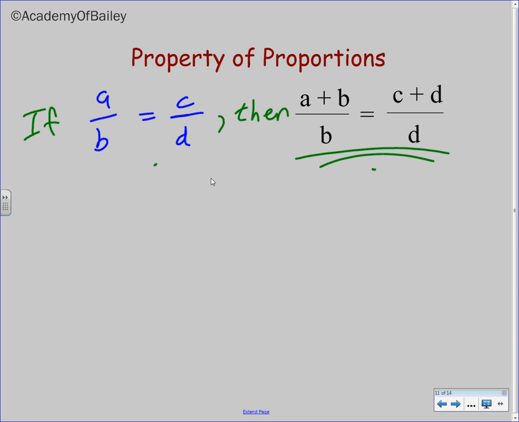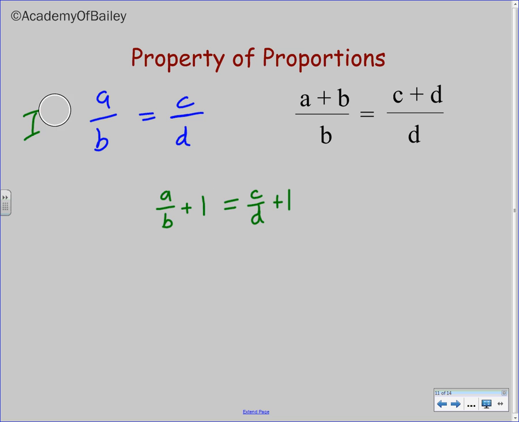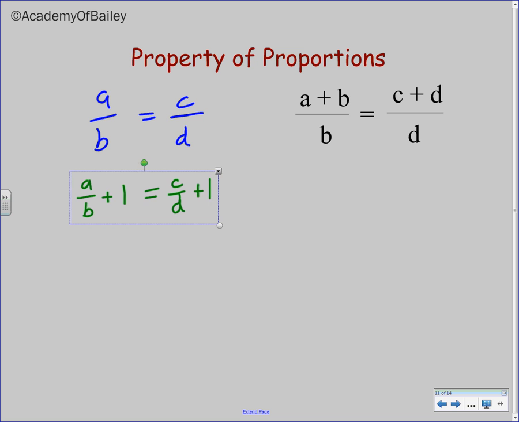Well, we have A over B plus 1 is equal to C over D plus 1. I have just basically added 1 to both sides of the equation. I'm allowed to do that because I've added 1 to both sides, so I still have a balanced equation.